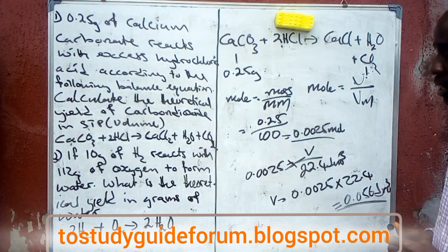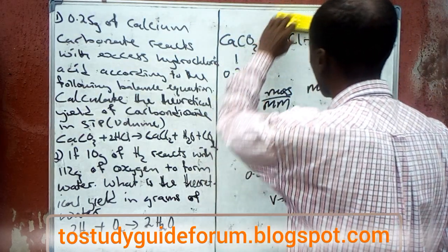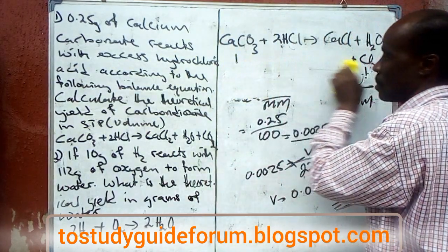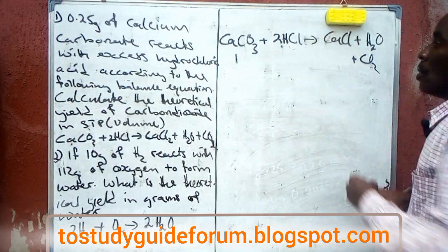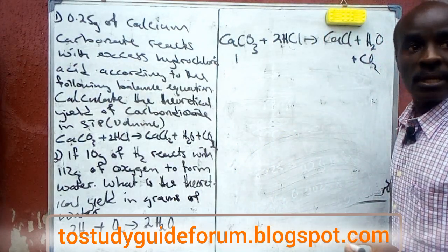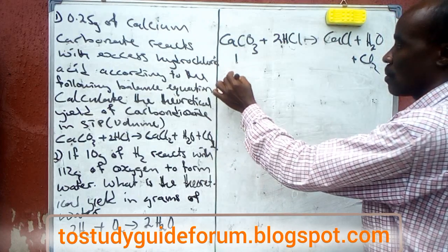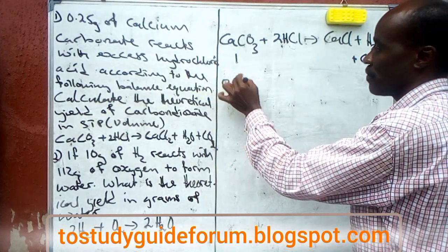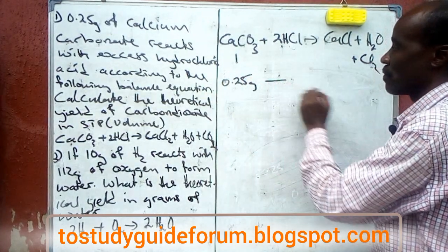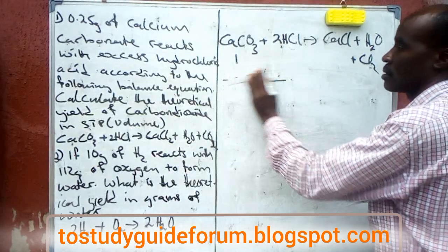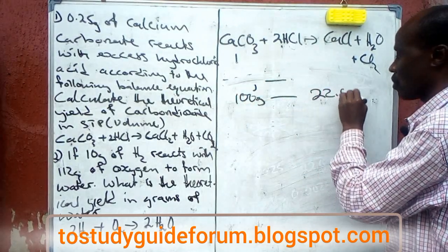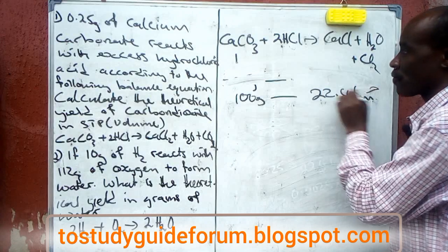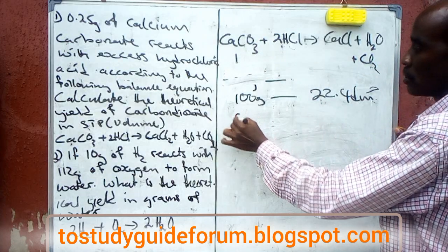We can also take it another way. We can go by taking it by masses. 100 grams will give us 22.4 dm cubed from the balanced chemical equation.